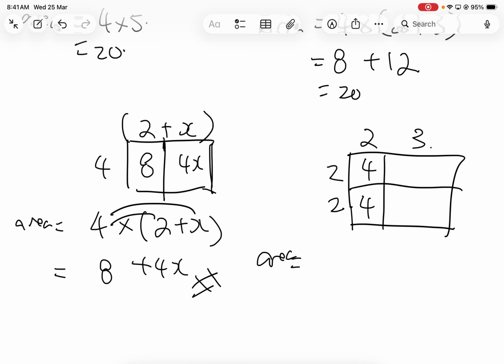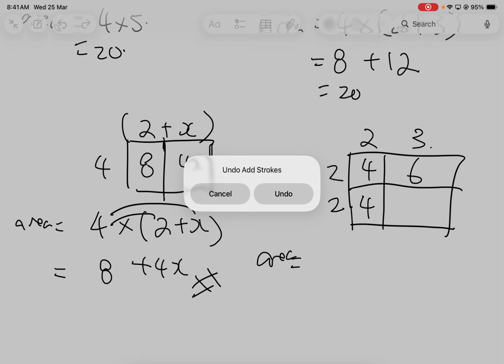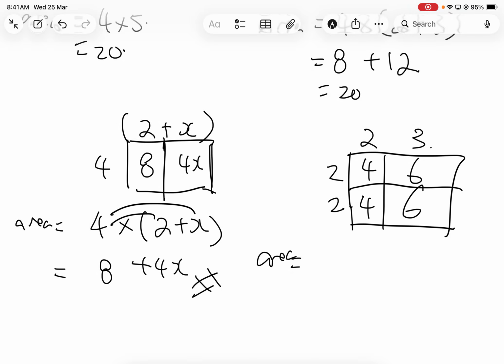Okay? So we are adding this one, add this one to give me the entire area. So when I take 7 multiply this one, I will have 7 multiply the front, adding 7 multiply the back.